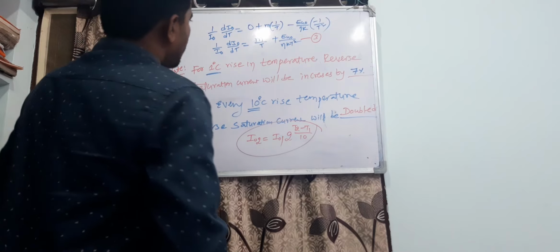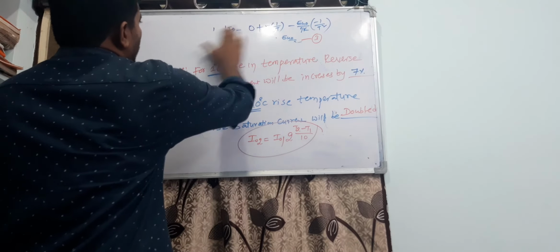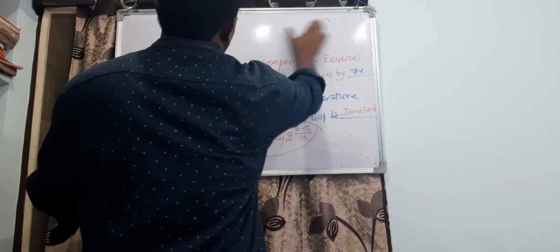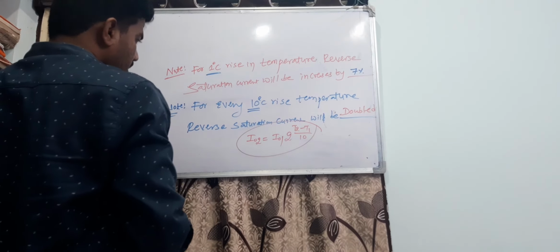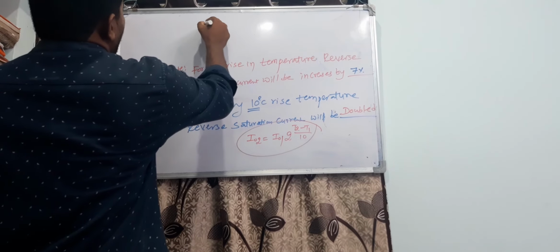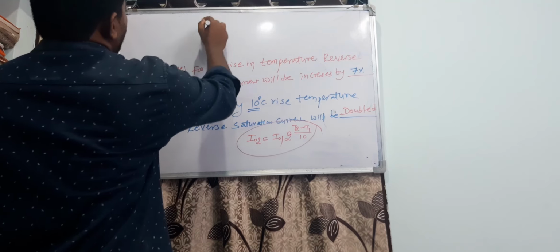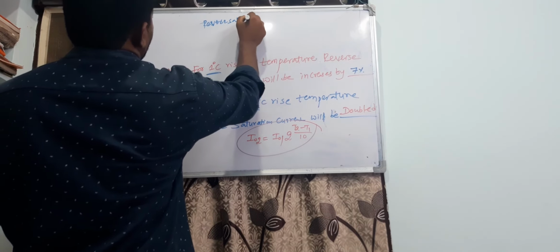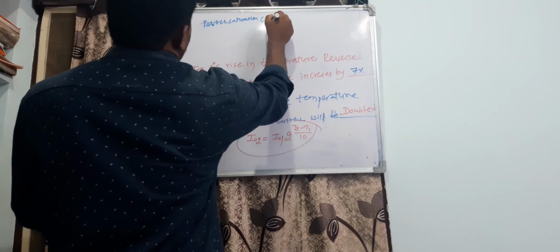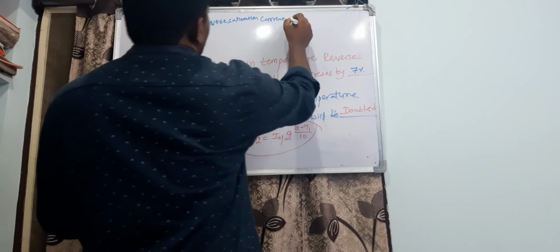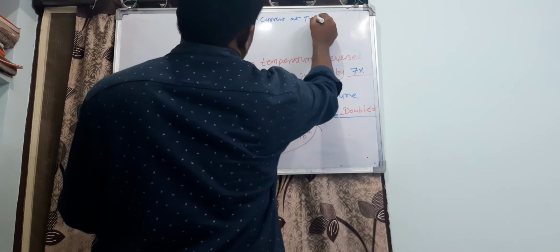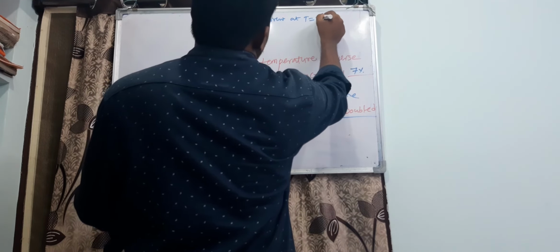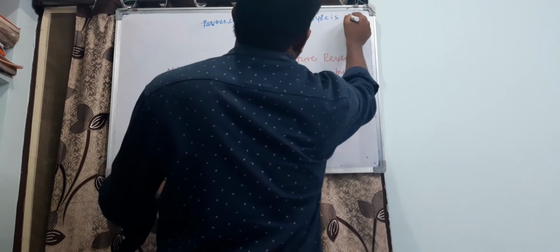So to understand this, I am taking one example. With this example, you can understand this formula also. Initially, the reverse saturation current I0 at T is equal to 40 degrees centigrade is 10 microamps.